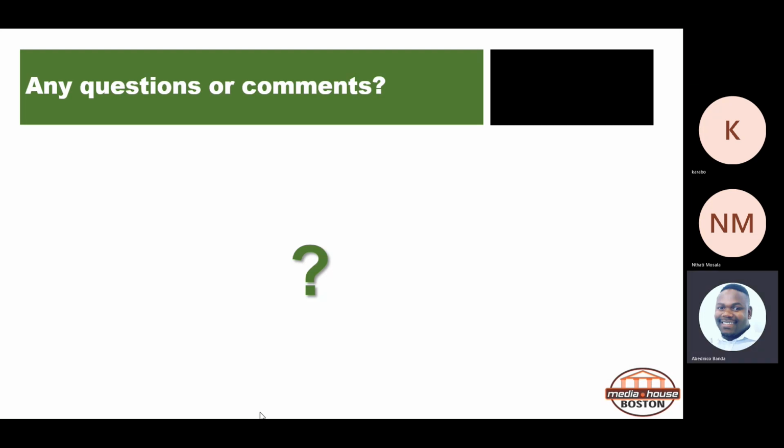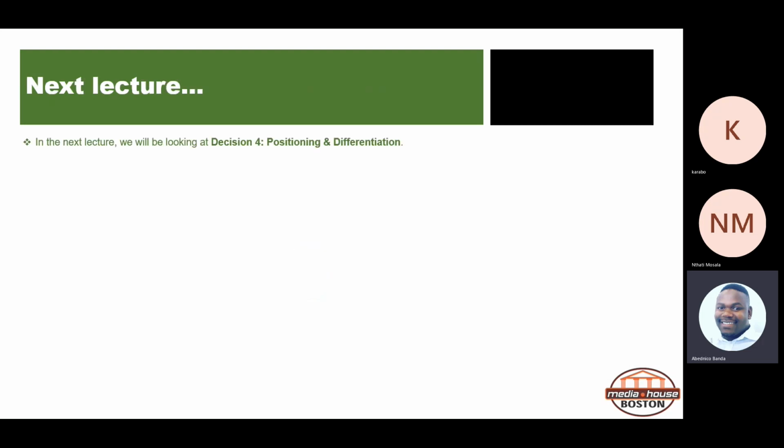Okay. All right, guys. So that's it about lessons 49, 50, 51, 52, 53, and 54. So we've covered all the lessons that we're supposed to cover this week. Next week, we'll be looking at decision 4, which is positioning and differentiation. So we continue with strategy formulation and we are going to be looking at decision 4.